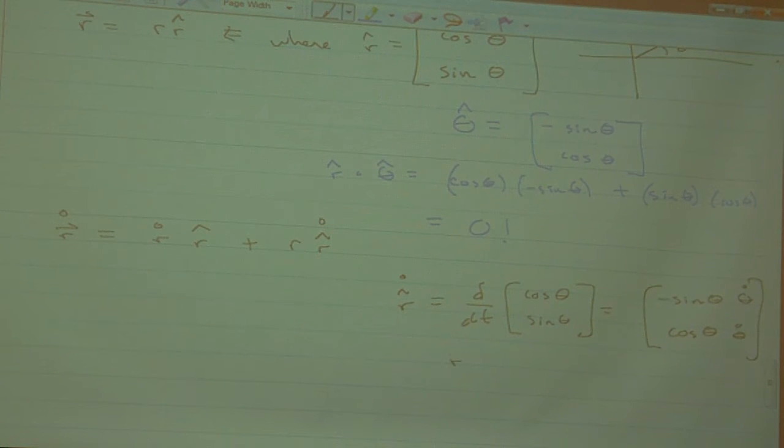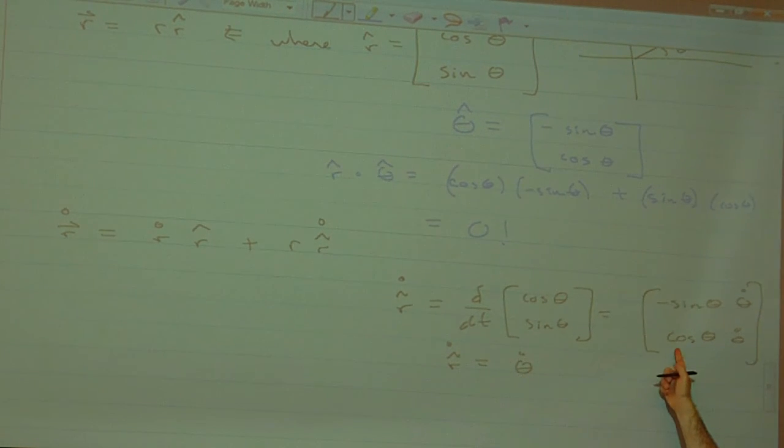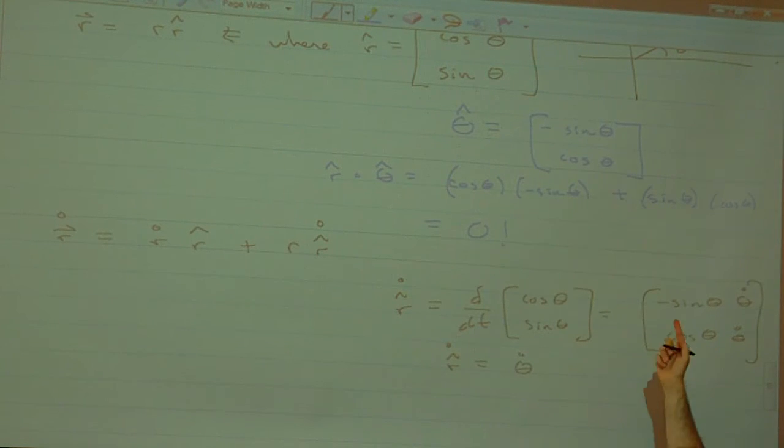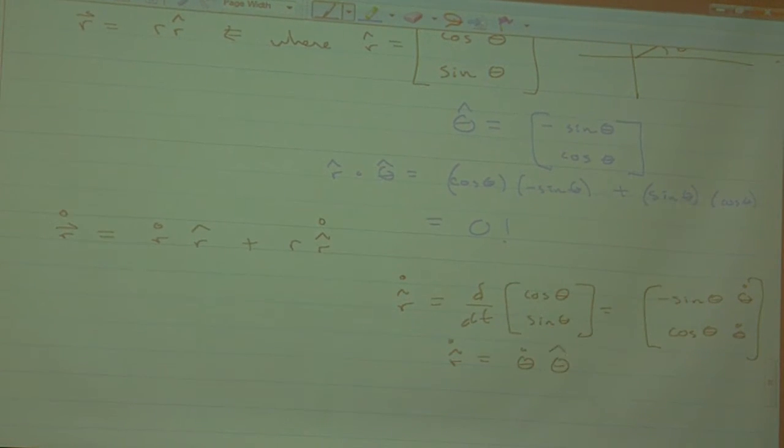So if I look at r hat dot, it's equal to theta dot, pulling that out front, multiplied by minus sine theta, cosine theta, which is theta hat. So r vector dot is r dot r hat plus r theta dot theta hat. Good?